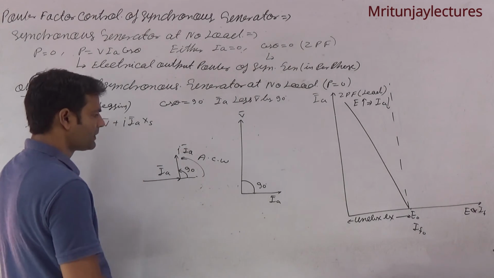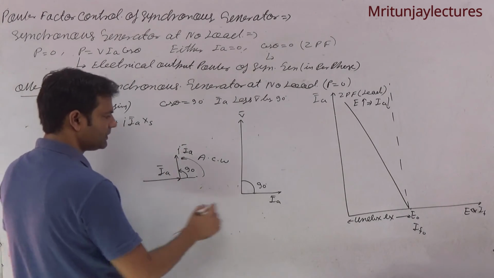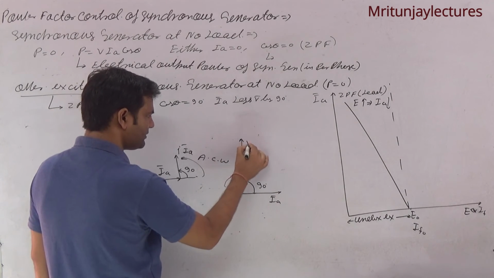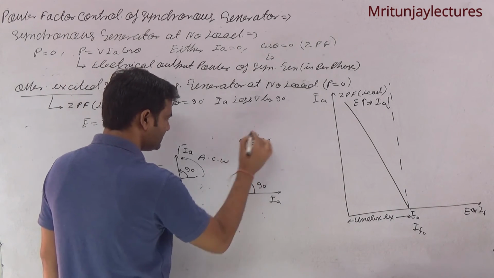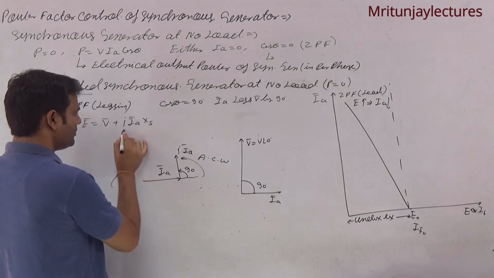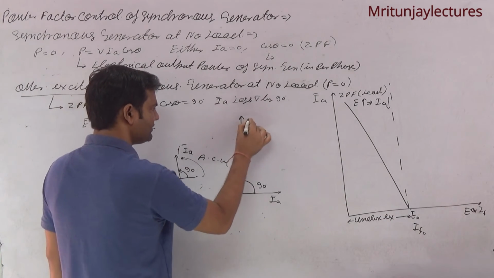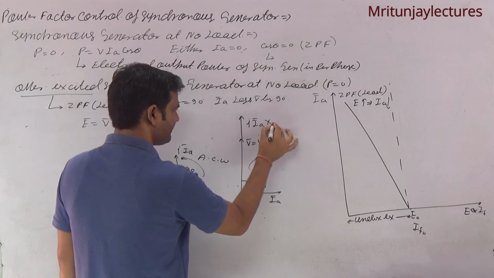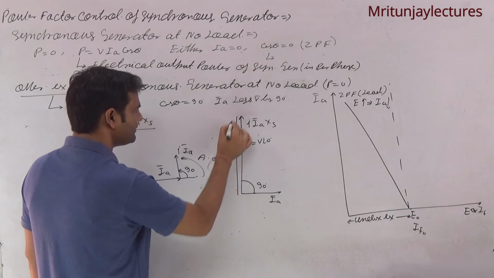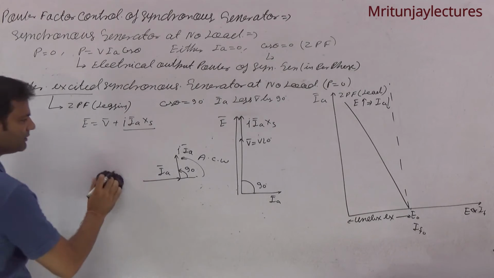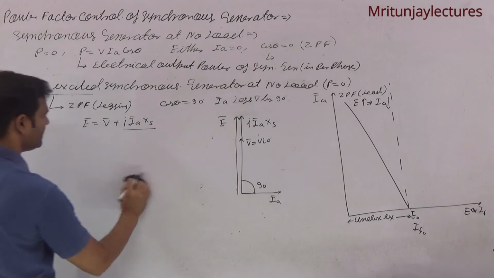This one is IA, and this one is V, which is V at the angle 0. The voltage drop corresponding to reactance is represented here as jIA into XS. So this one represents E. Clear? This one represents E.